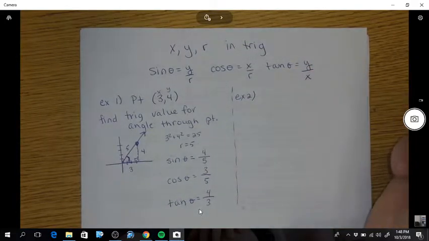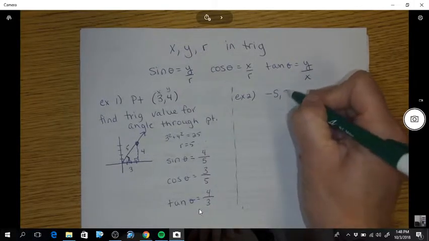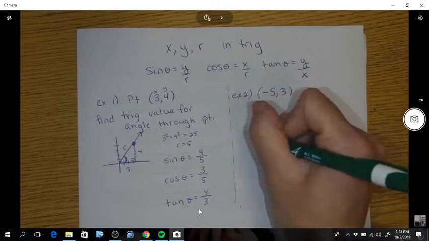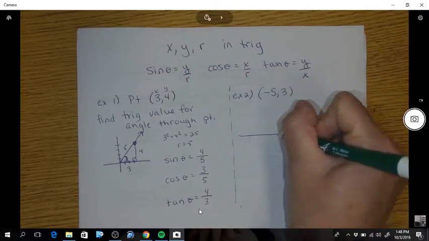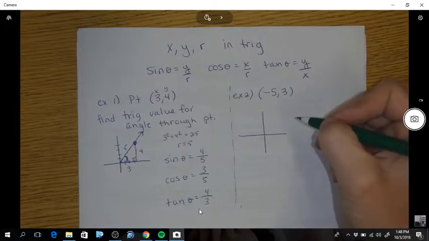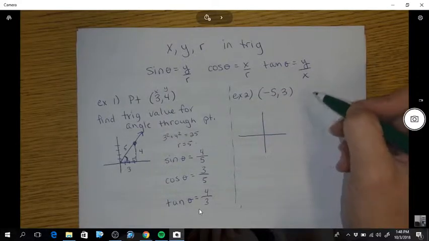Okay, example 2. Let's go with -5, 3. Same question, different point. It never hurts to draw a visual of what's going on. But before I even do my drawing, let's calculate r.